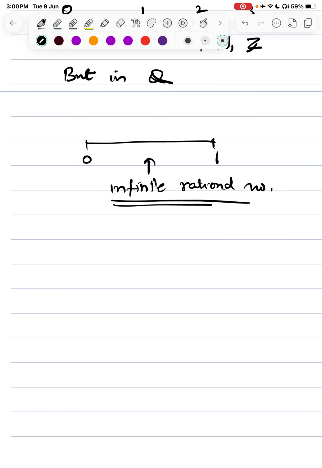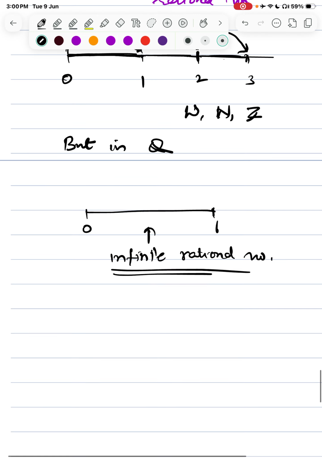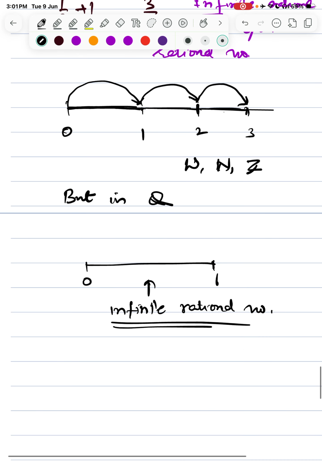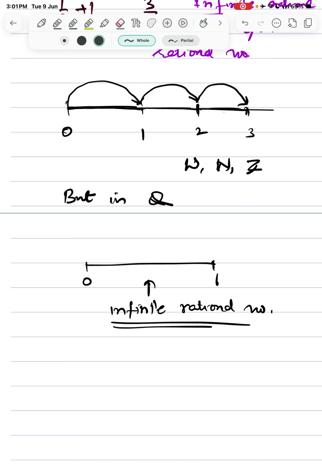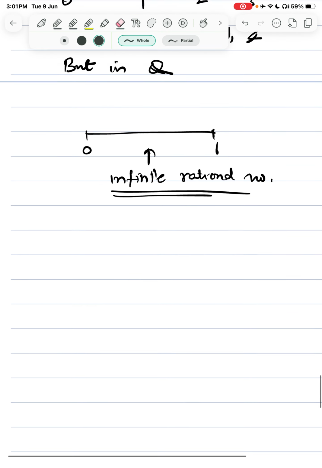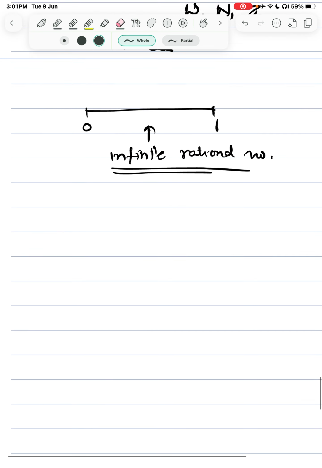So this is one difference between the set of rational numbers and the set of natural numbers, integers and whole numbers. This thing you must keep in mind.